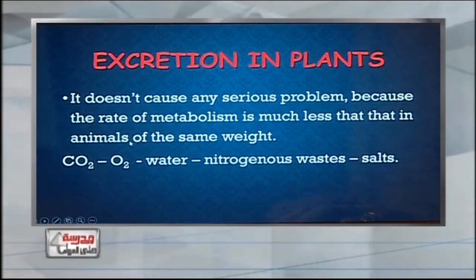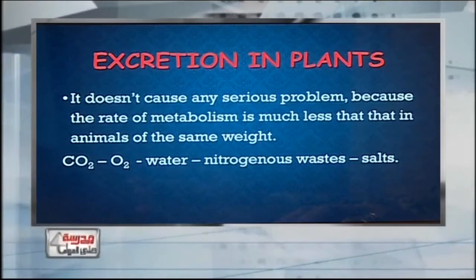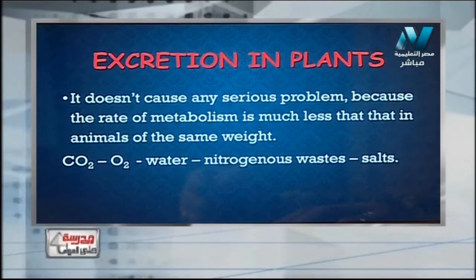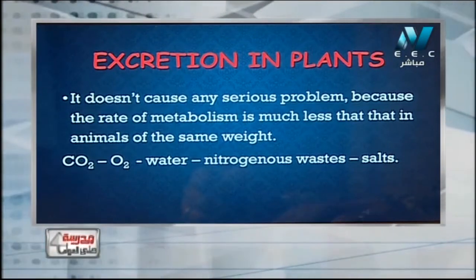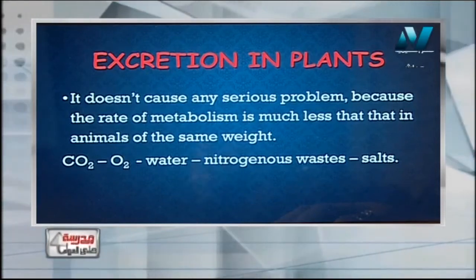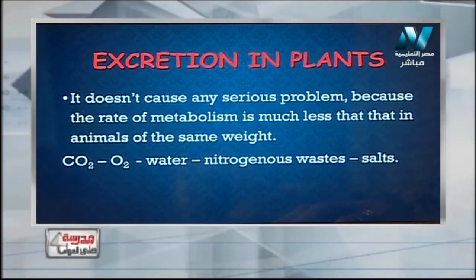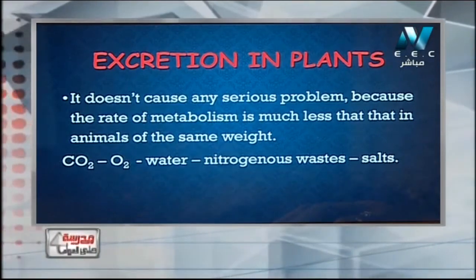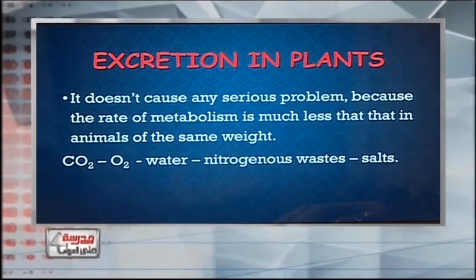And now, my dear students, we come to the other part of our lesson today, which is the excretion in green plants. Excretion in green plants actually doesn't cause any serious problem. Why? Because the rate of metabolism in the plant is much less than the rate of metabolism in animals of the same weight.